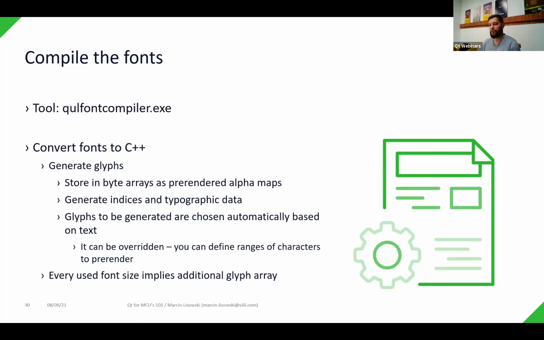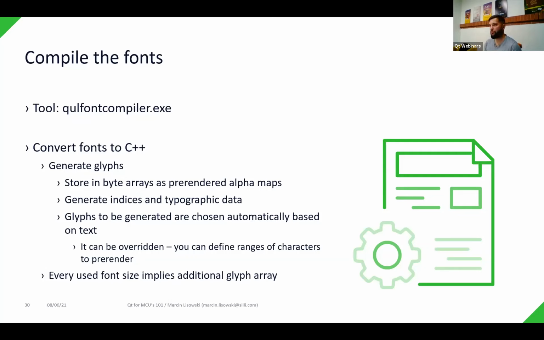Well, glyphs are generated, as I said, automatically based on what glyphs you are using in text in your app. It can be overridden. You can define and extend the glyphs range by providing additional sets of characters to pre-render. And the super important thing, of course, is that every font size will generate another set of the glyphs.